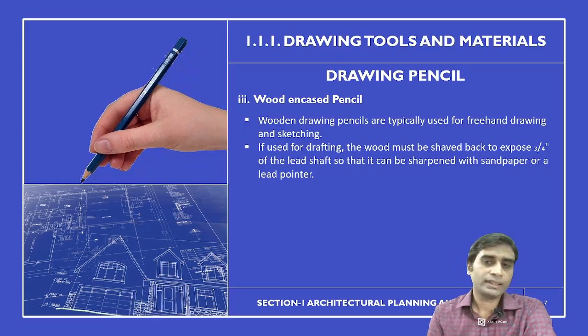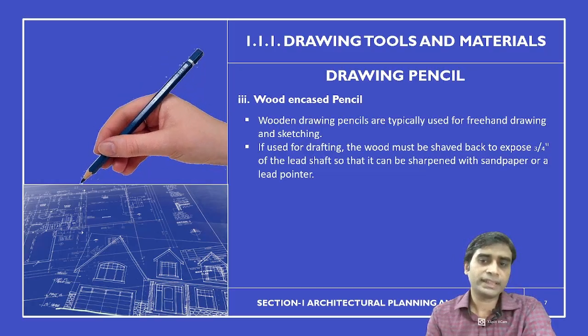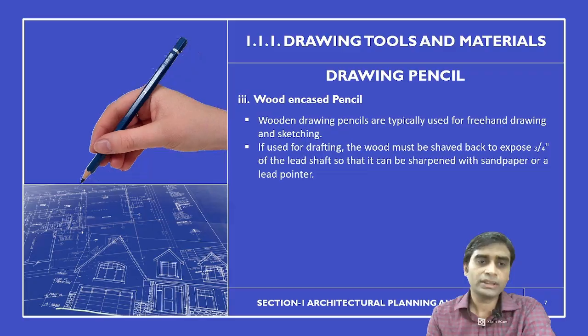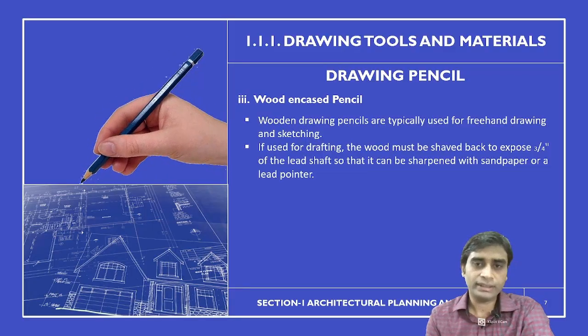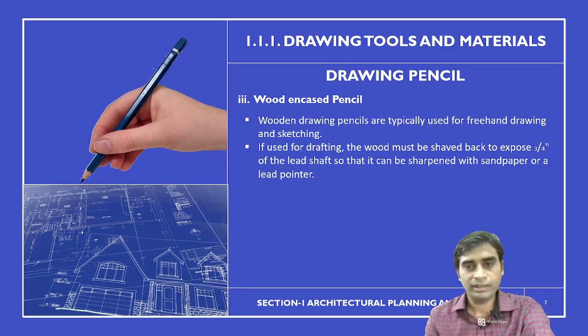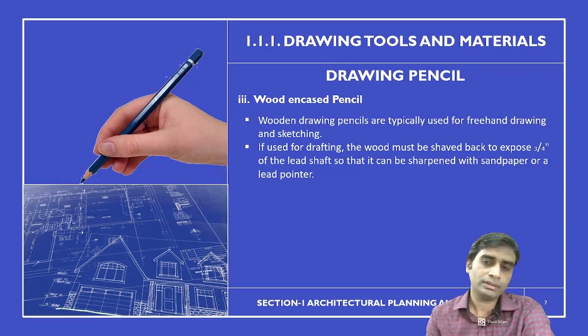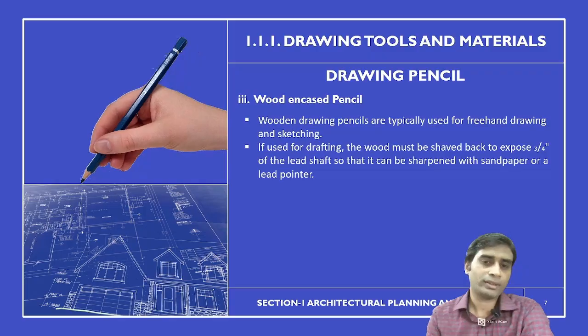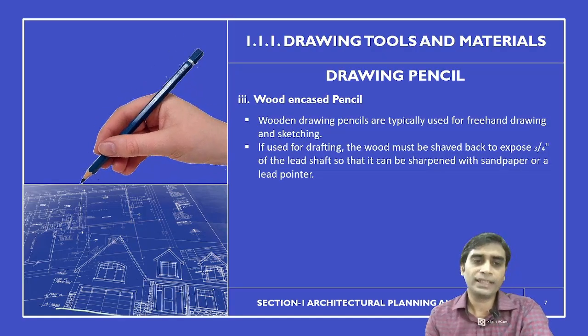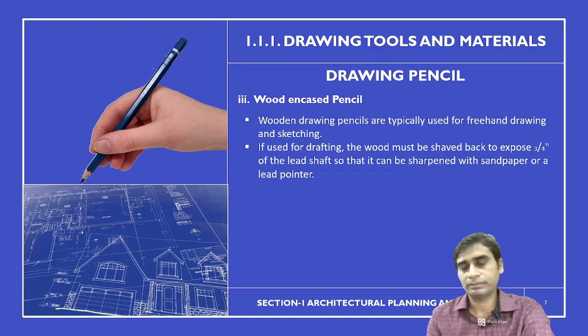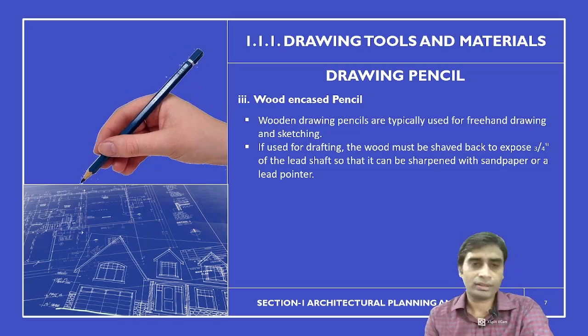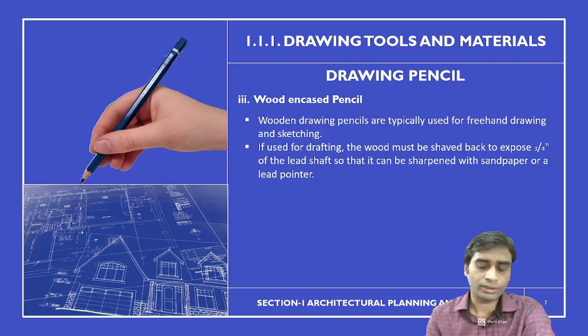It is used for drafting. The wood must be shaved back to expose 3/4 inch of the lead shaft. Roughly, it can be sharpened with sandpaper, a sharpener, or a lead pointer. Even a blade or cutter is used for this.